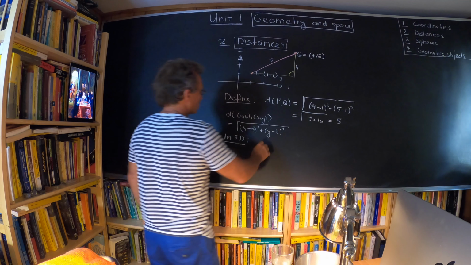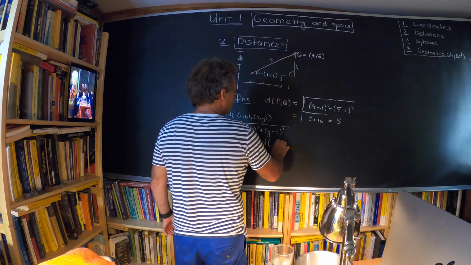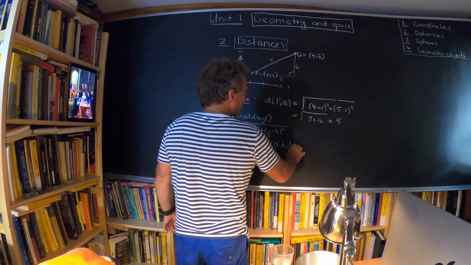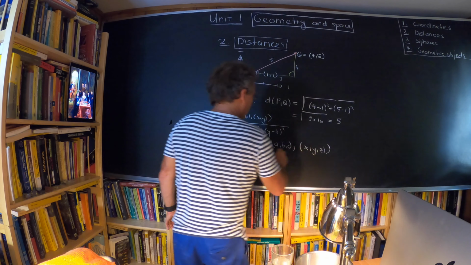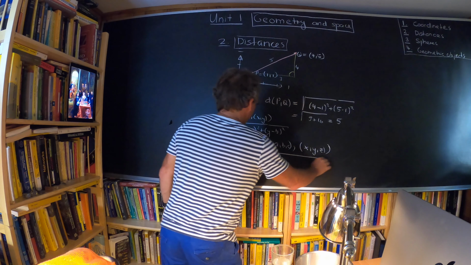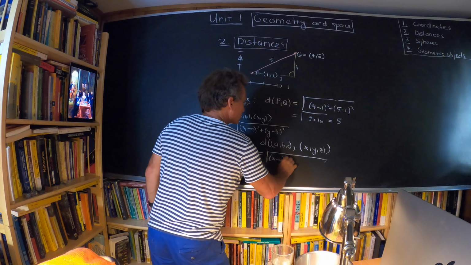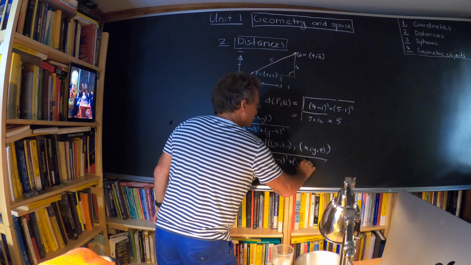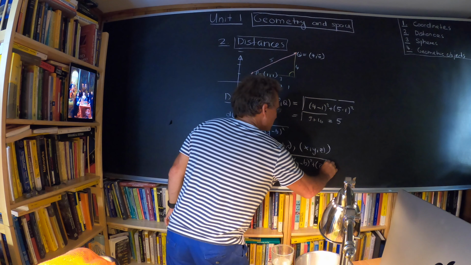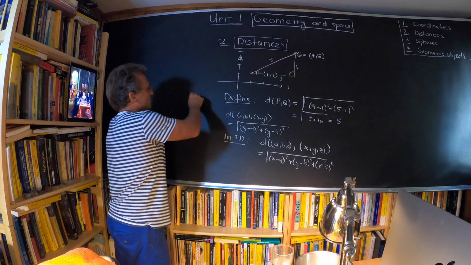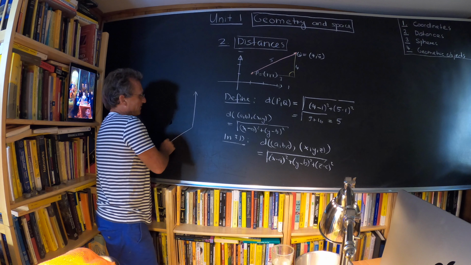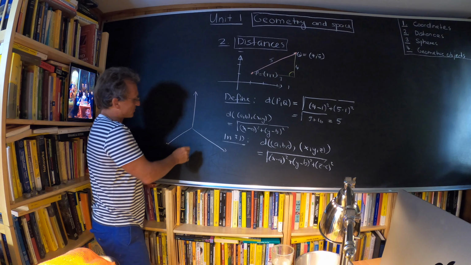And the same thing also in 3D. We define the distance between 2 points in space as the square root of the sum of the squares of the differences, so plus (y minus b) squared plus (z minus c) squared. For example, let me draw the picture which illustrates this.